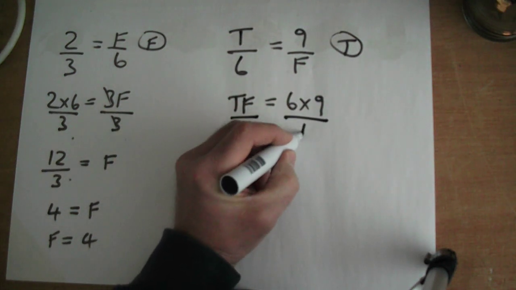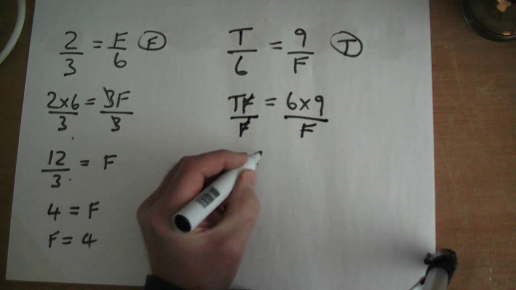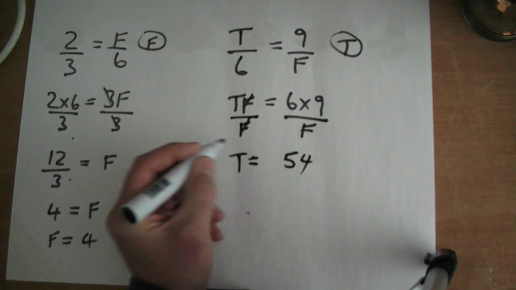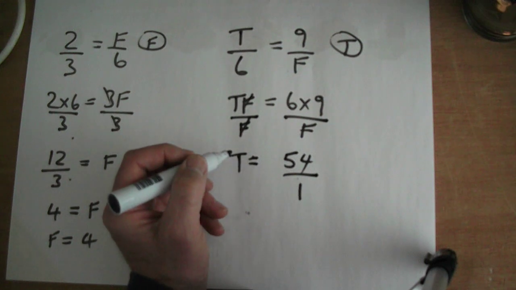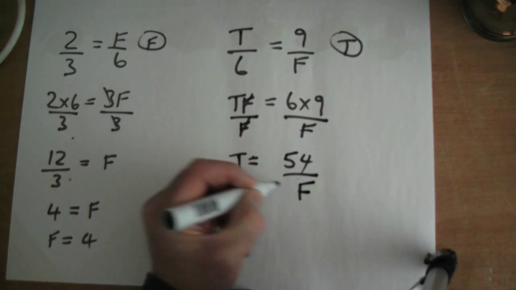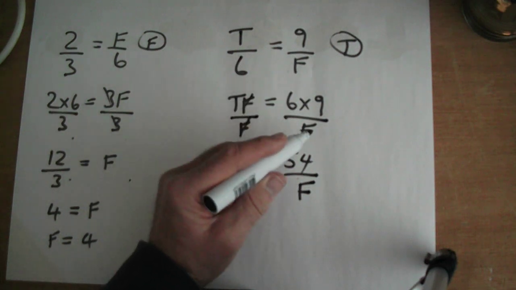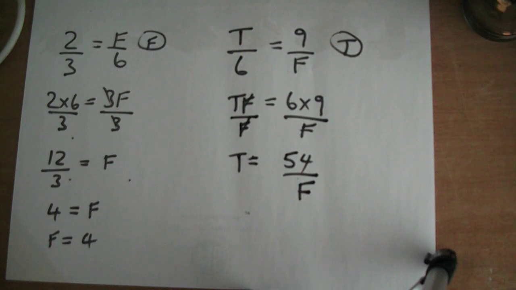And I have to divide this side by f. They cancel out, so t equals 6 nines are 54 divided by f. Just double check that that's right, isn't it? 6 9 54 t over f.